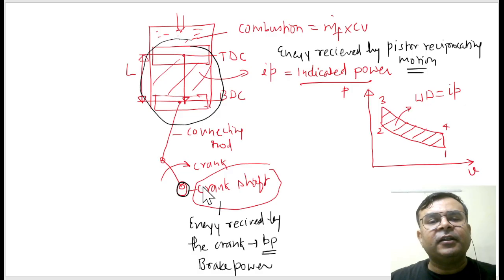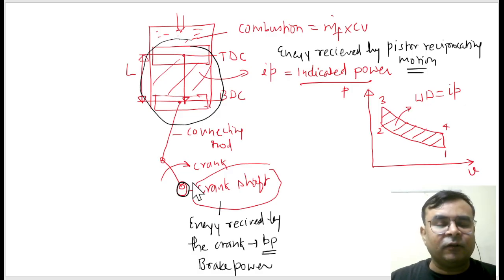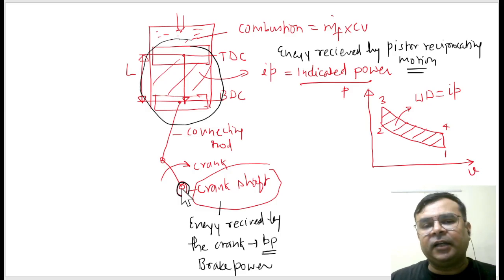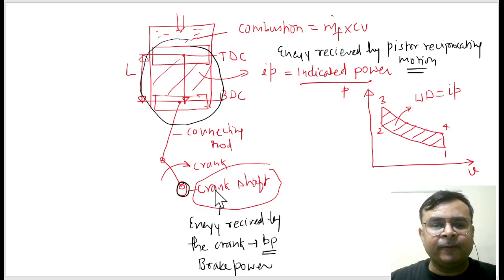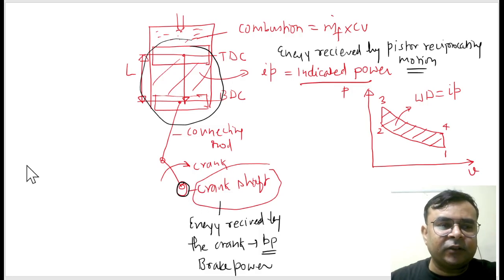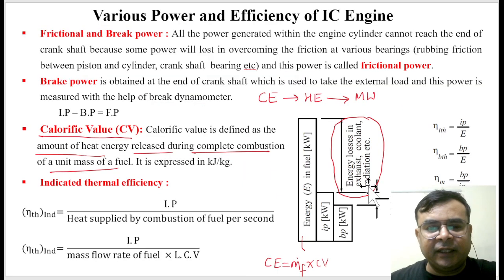And whatever energy is received in the crank, because the crankshaft rotation will provide power to the rotation of the vehicle wheel, yes or no? By rotation of the crankshaft the vehicle can run. That's why I am saying that how much energy is received by the crank is called brake power. So now you can easily understand.